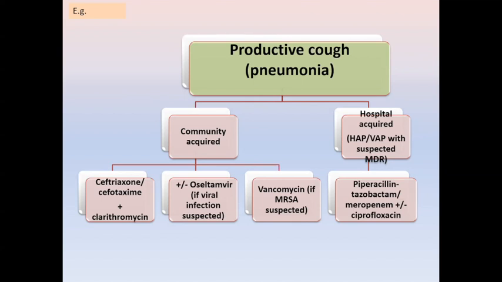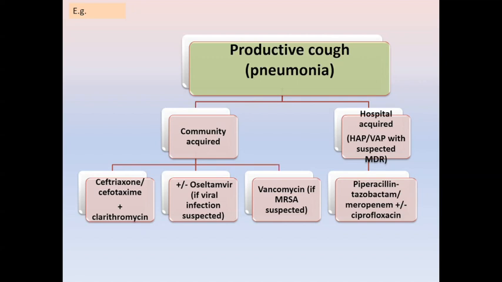Why we suspect MRSA, we will discuss later. And if it is hospital acquired, a patient coming from another ward to the ICU, we have to always consider multi-drug resistant pathogens, which can cause hospital acquired pneumonia or ventilator associated pneumonia, where we have to start something broader.